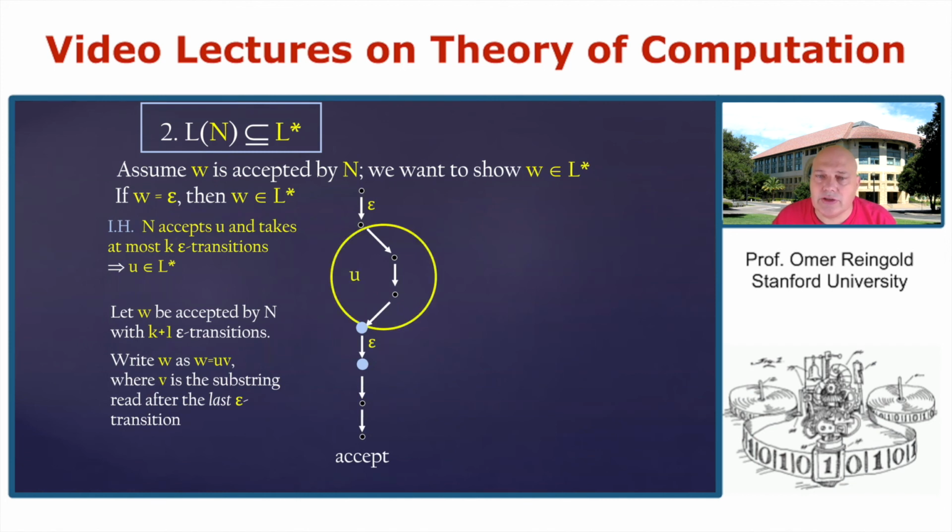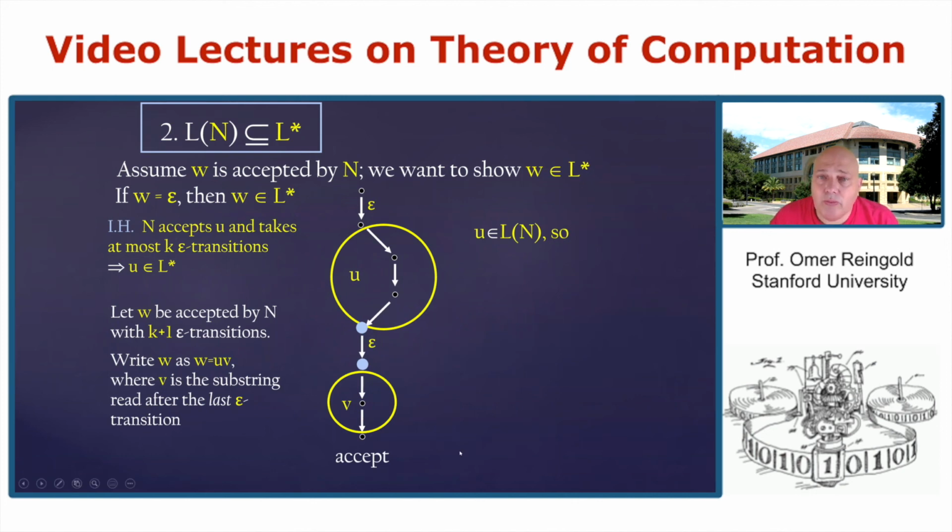So this is u, and this is v. u is in L of N. Why is it true? It's true because in the construction, the only epsilon transitions are from accept states. So before taking this epsilon transition, we read u entirely, and we reached an accept state of N. Therefore, u is in L of N.